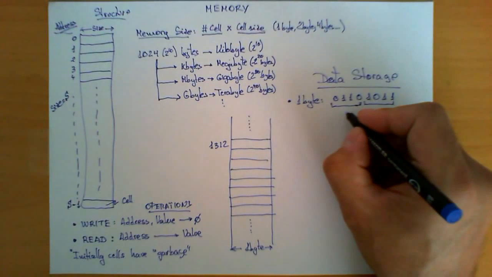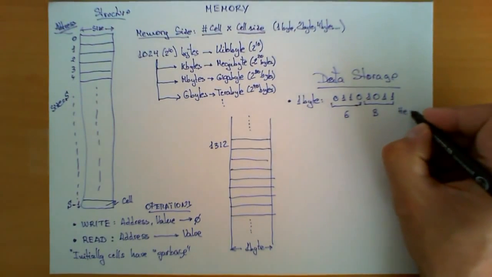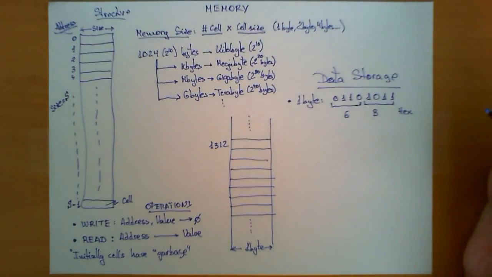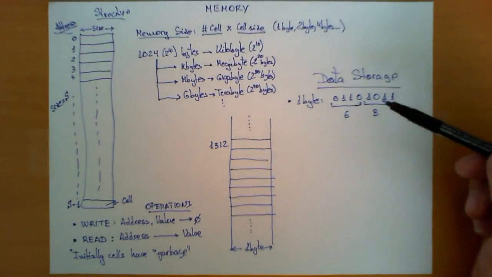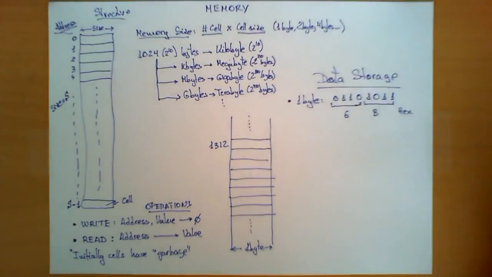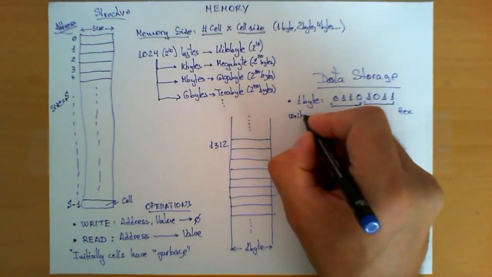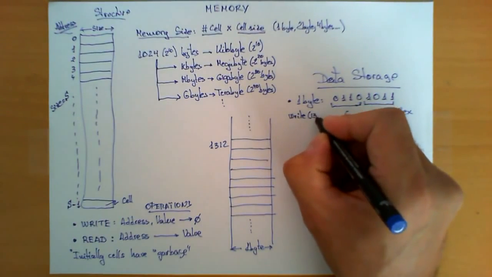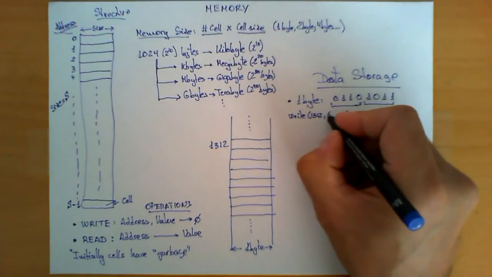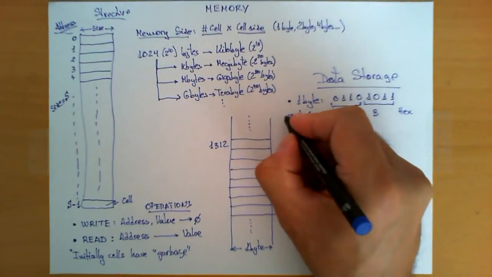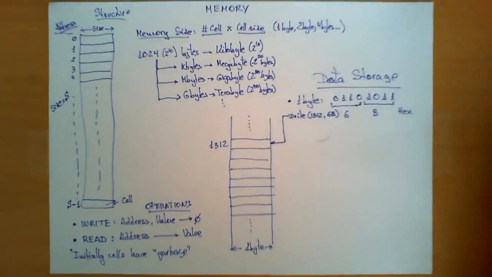This is a 6 and this is a B. This notation is typically used when we refer to how data is stored in memory. And typically what happens is that if I execute the operation write 1312, 6B, this translates into the following action.